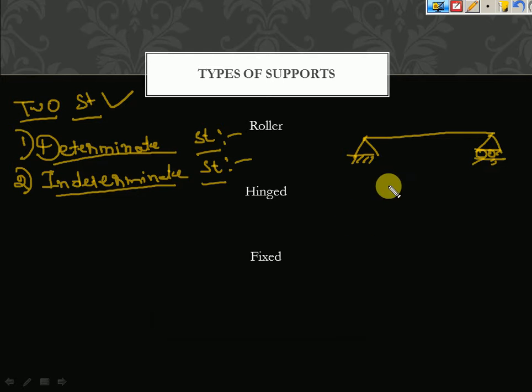First you need to find how many reactions are present in the structure. I told you there is one vertical reaction and one horizontal reaction for this hinge support, so the total is 1, 2. And what about this? Here only a vertical reaction. So the total number of reactions in this structure is 3.